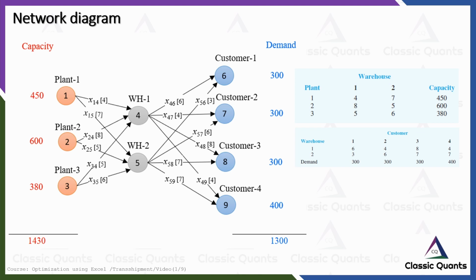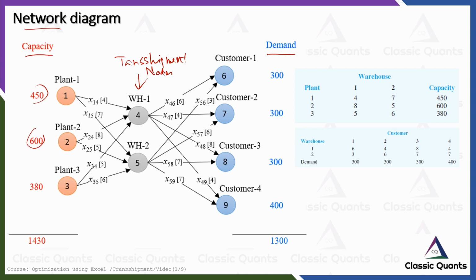Now look at the network diagram of your transshipment problem. It is similar to the transportation problem, but little bit different, little more complex, in a sense that we have three types of nodes here. The central portion of the diagram is your transshipment nodes, and then there are demand nodes and capacity nodes.